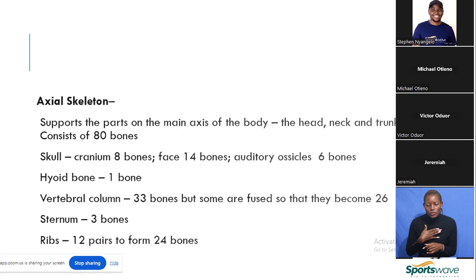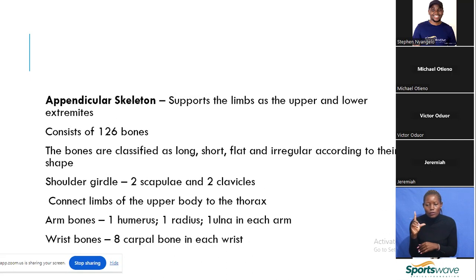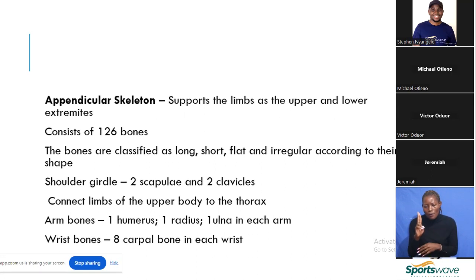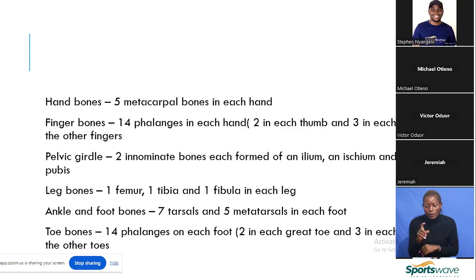Then when we go to appendicular, this now is movement. We have the upper extremity that consists of the shoulder girdle, the upper arm, the lower arm, the wrist, and the hands. And then you've got the lower extremity, which is basically from the pelvic girdle to the leg bones to the ankle and to the toe bones.